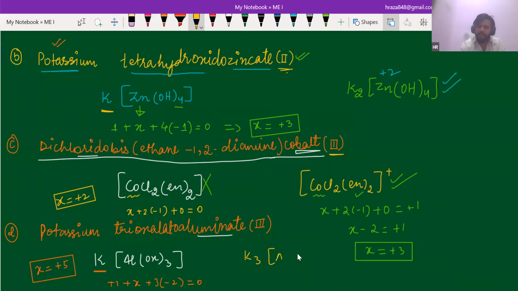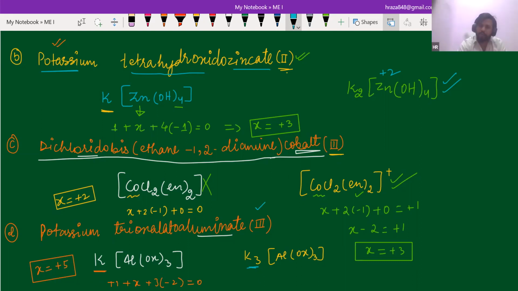As you know, OX has -2 charge and there are 3 OX, so the total negative charge is -6. To balance it, I'm going to put 3 here so that it will be +3 - 6, that is -3, and moving to the right-hand side it becomes +3.